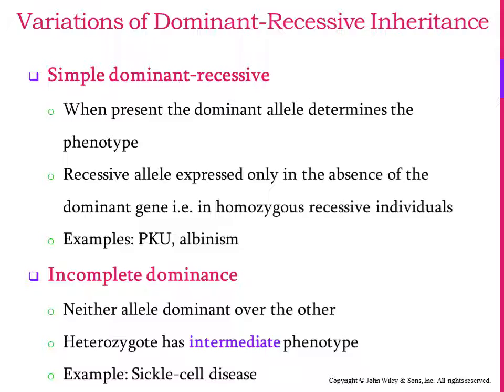So it's intermediate between the red and the white. The heterozygous would be pink. In terms of physiological conditions, an example of that would be sickle cell disease, which we'll explain on the next slide.